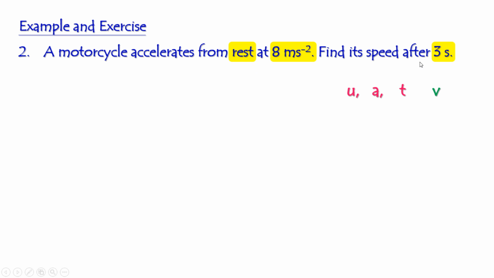So you fully understand what the question talks about, and then you write down the equation, and then put the numbers into the equation. What is the acceleration? It is 8. And what is the final speed? I don't know. I'm going to find out this value. What's the initial speed? It starts from rest, so it is 0. And the time taken is 3 seconds. Is it okay? If you know what the numbers talk about, then you won't make mistakes in your calculation.